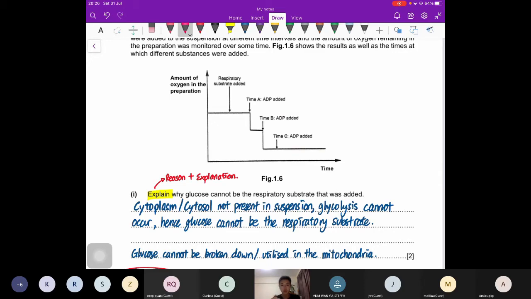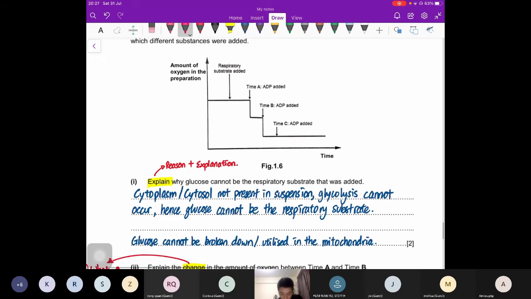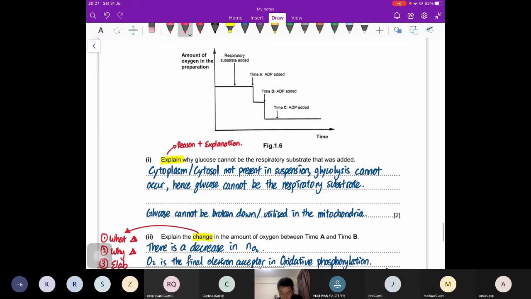Therefore, glucose cannot become pyruvate because your cytosol is not present, and because pyruvate is not generated, your subsequent link reaction, Krebs cycle and OXPHOS cannot occur. Therefore, there won't be a dip when ADP is added at time A and B. Okay, so the explanation here is because glucose cannot be broken down and it cannot be utilized in your mitochondria.